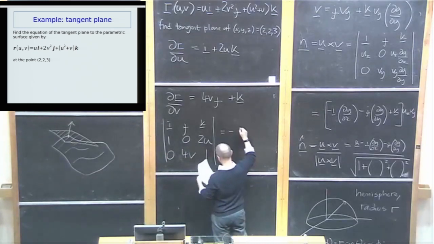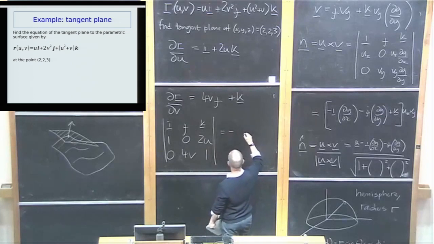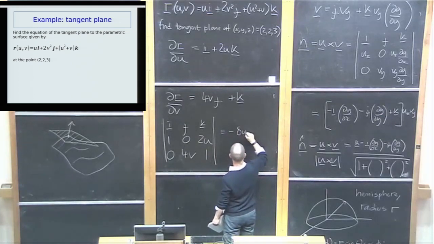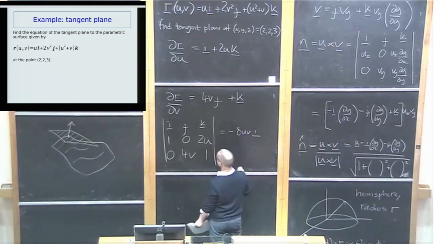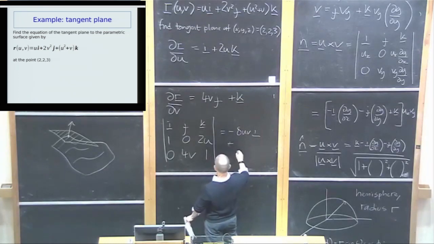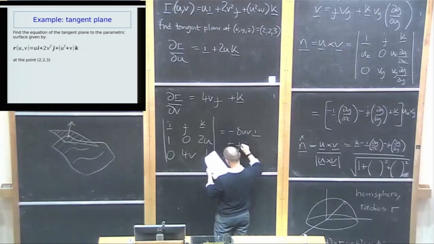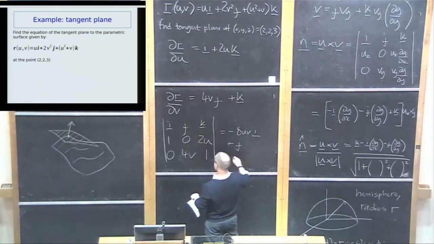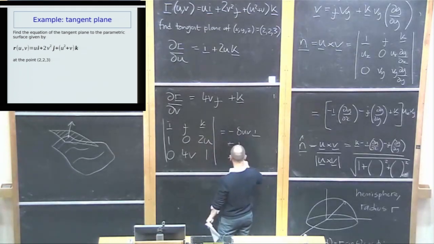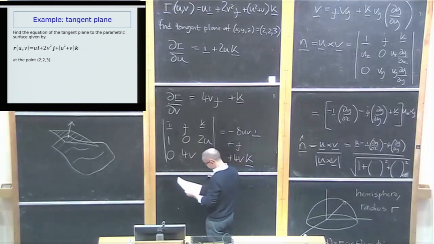And that equals minus 8uv in the i direction, minus j, plus 4v k.